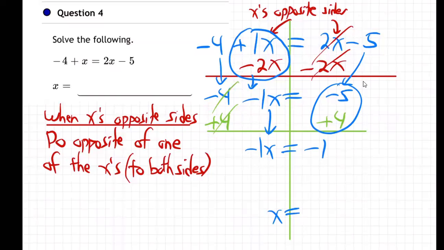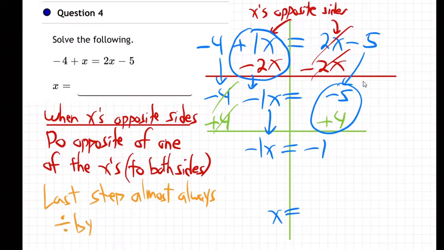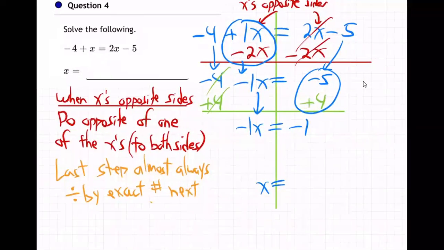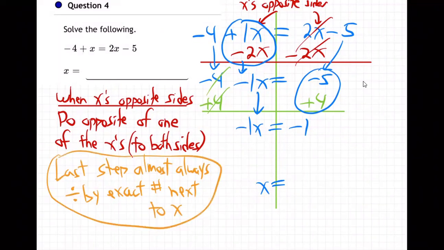Now, the last step is almost always to divide by the exact number next to x.